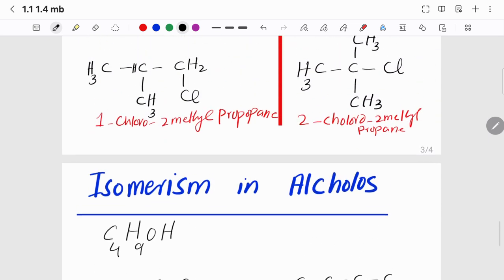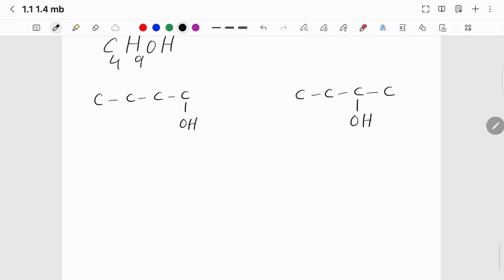Thirdly, in a similar way, I will attach 3 carbon in a straight chain. Hydroxyl group is attached with the first carbon and 1 carbon is attached in a branch with the second carbon. Total 4 carbons.